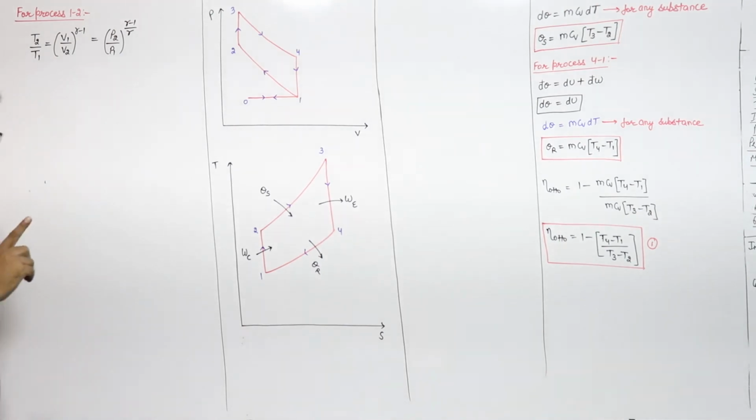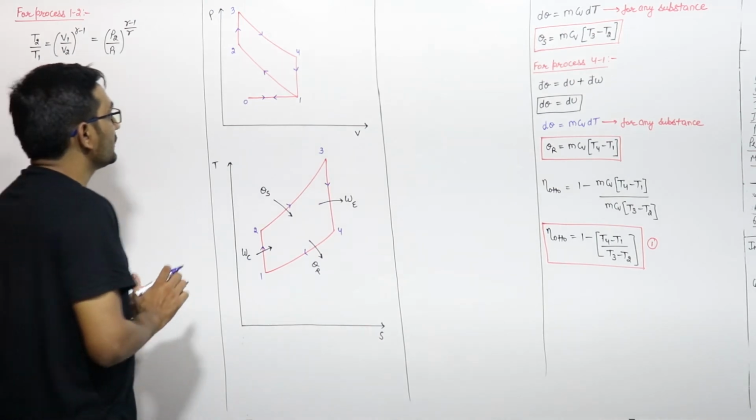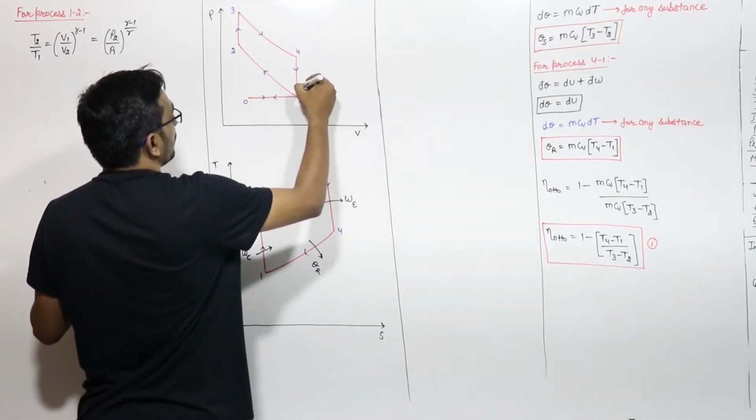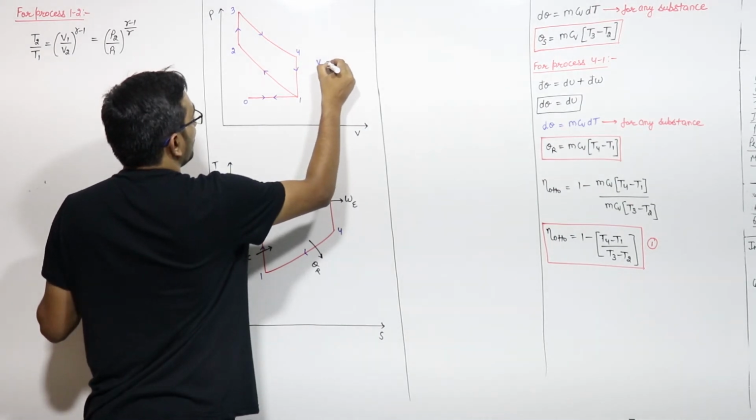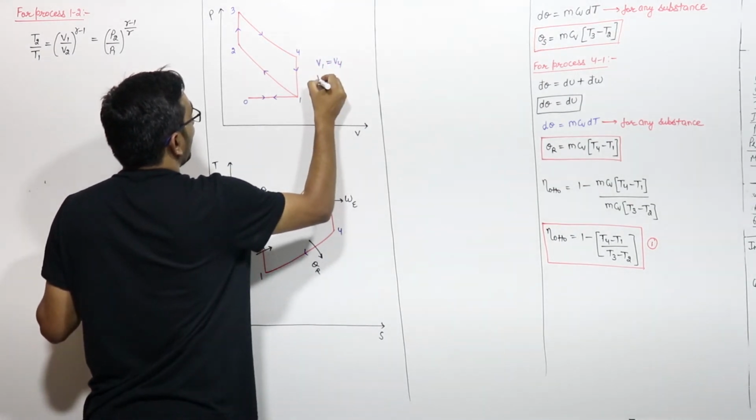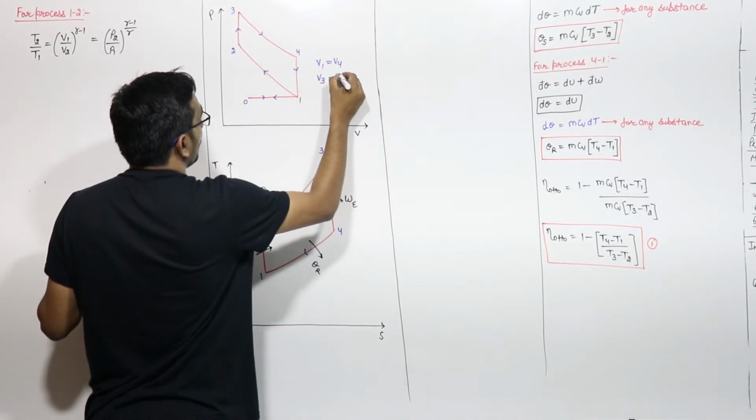You know this relation, right? And because these two are constant volume processes, V1 will be equal to V4 and V3 will be equal to V2.